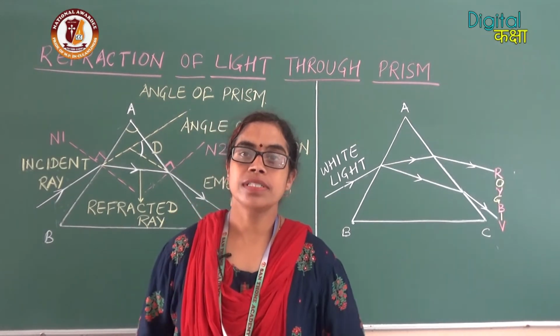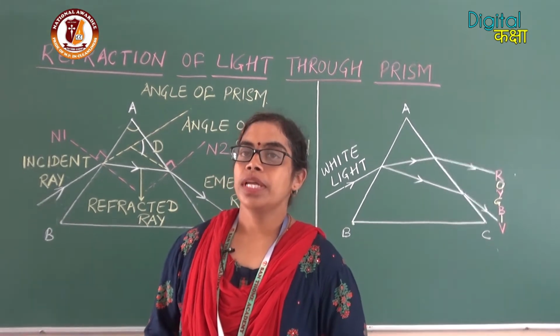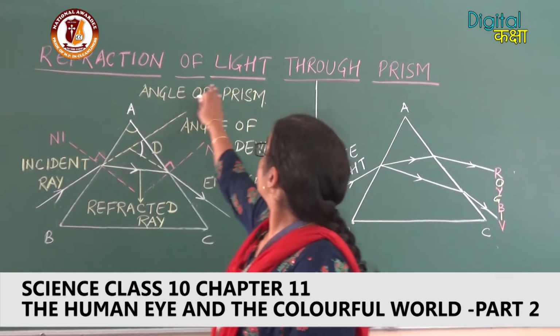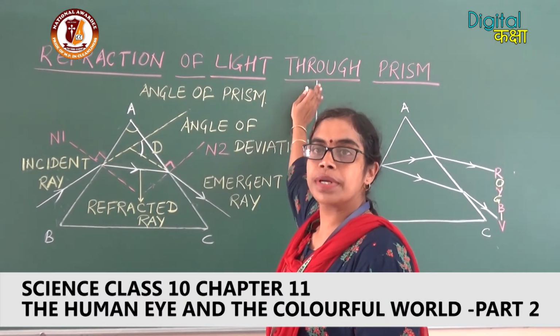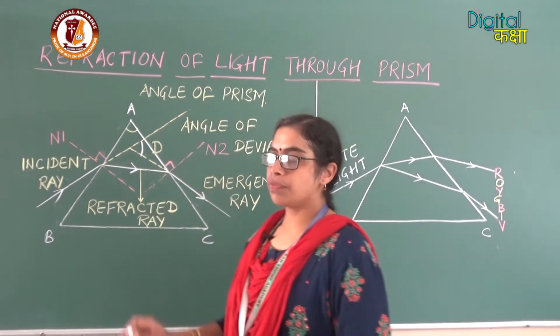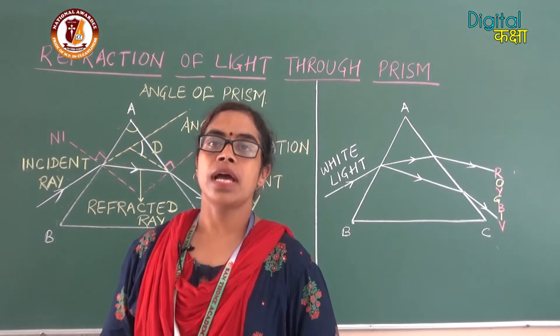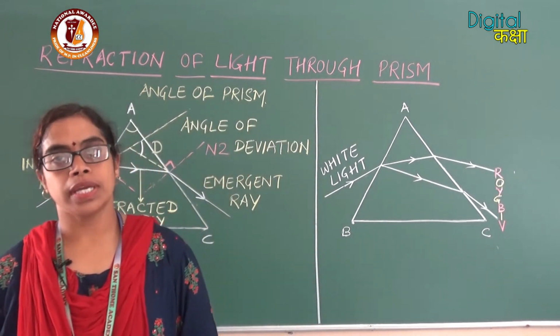Good morning, students. Today we are going to study about the refraction of light through a prism. In case of the prism, the incident light can be of two types.